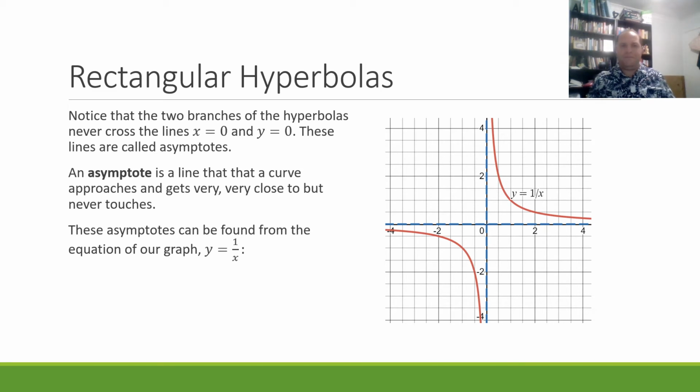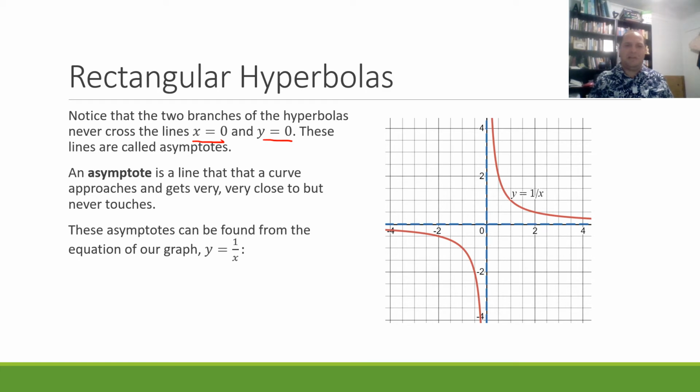All right, now the key thing about our hyperbolas is note that they never cross our x-axis or our y-axis. So they don't cross the lines x equals 0 and y equals 0. Because our graph never crosses these lines, they have a special name, and they're called asymptotes.